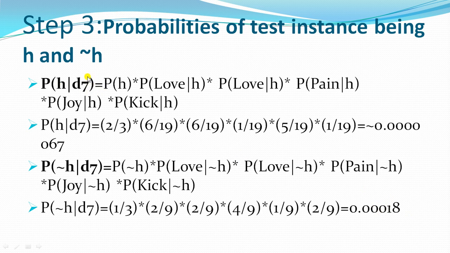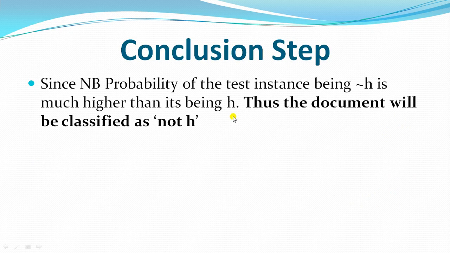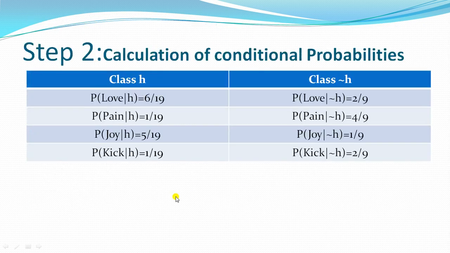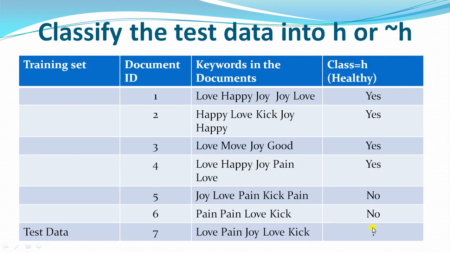The probability of test data, that is D7, being in class H is 0.000067. Comparatively, this value is much higher than this one. That means based on this Naïve Bayes technique, we can come to the conclusion that the document D7 will be classified as not of H. So the final value will be no here.